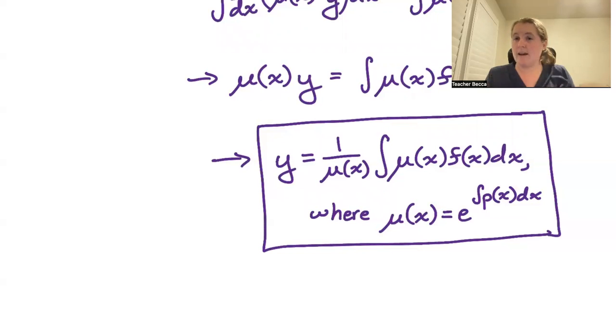We don't actually have to walk through all of the steps to get there. Once we find our integrating factor, we can very quickly find our solution. So in the next video, we will do one more example where we just jump straight to this formula.